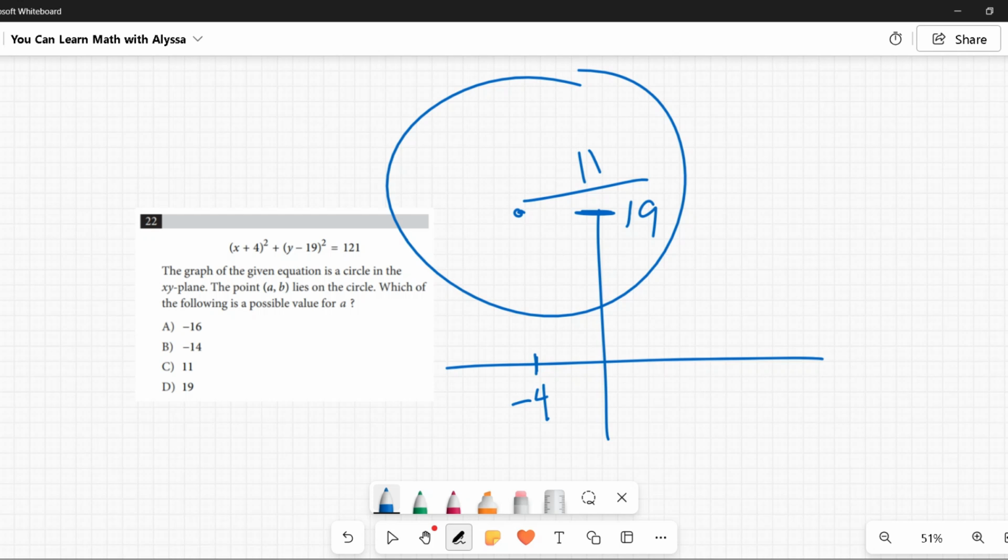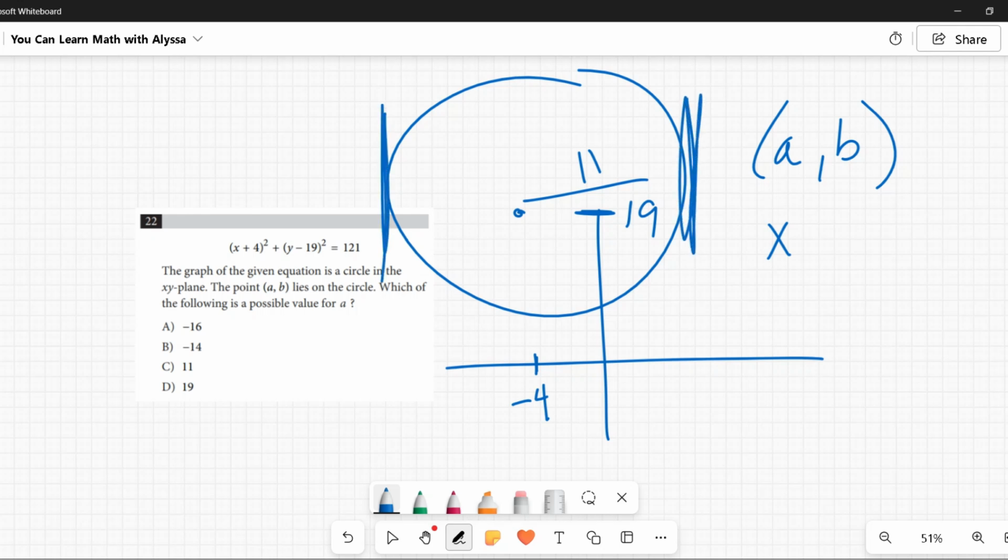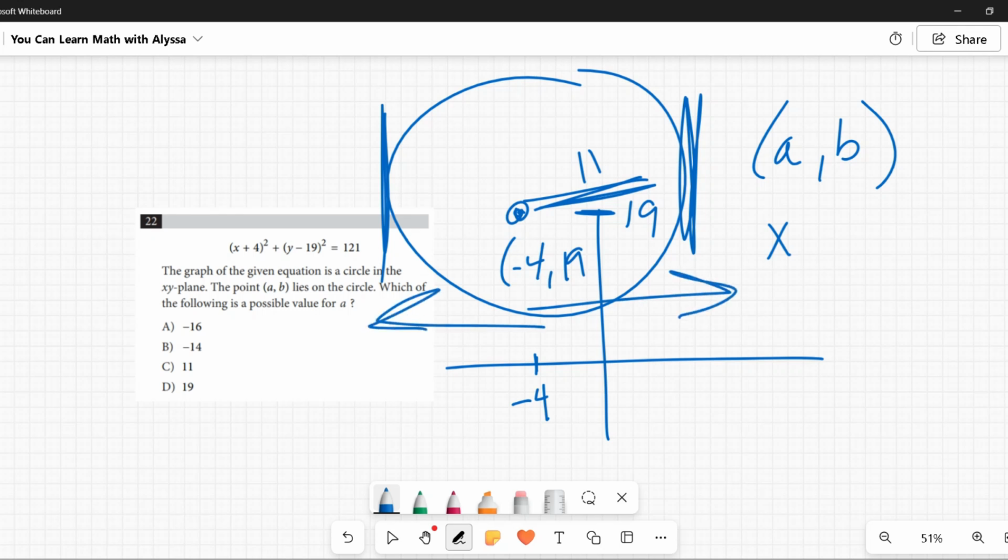So they want to know there's a point A, B. What could be a value of A? Well, A is our x value. So to find out what could be a value for x, I need to know how far from left to right this circle goes. What are all its possible x values? The center is at negative 4, 19, and my radius is 11. So it goes 11 in both directions.